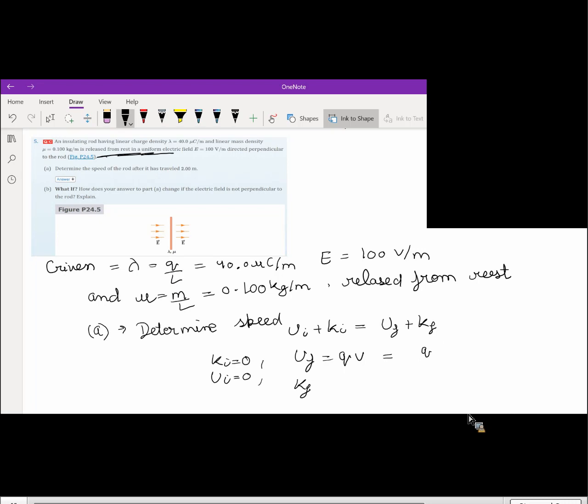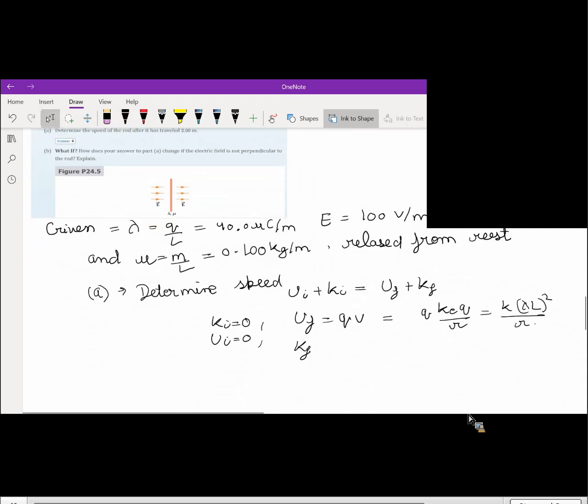So it can be written as Q Ke Q by R. That can be written as Ke lambda L square by R. Okay. I hope it makes sense. If it makes sense, please say yes.